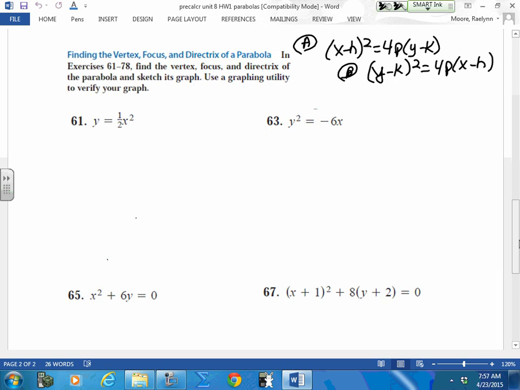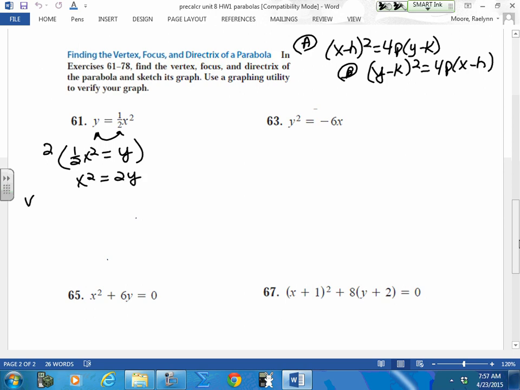Oh, so I notice x squared is on the left-hand side, so let me just switch these around. Do this with me, guys. I notice that there's nothing in front of my x, only in front of the other side. So I need to get rid of that 1/2. How do I get rid of 1/2? Multiply by 2. So now I've got x squared equals 2y.